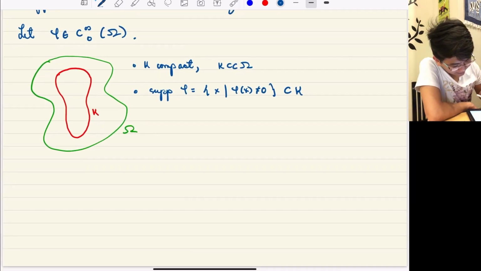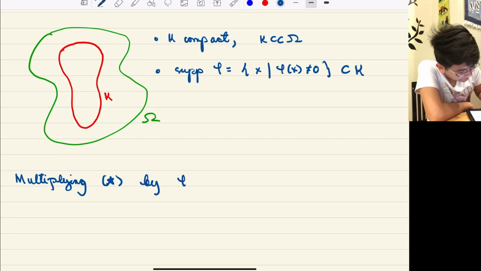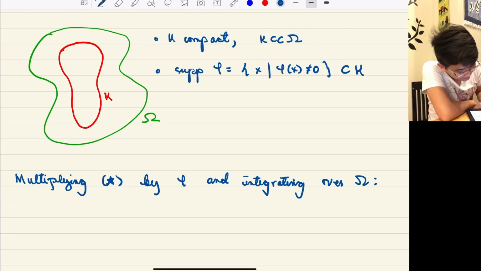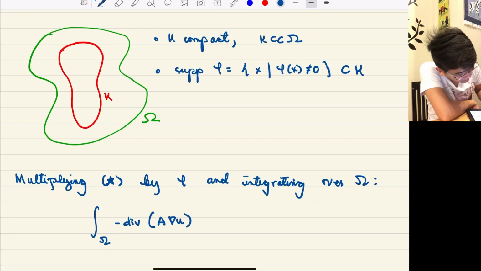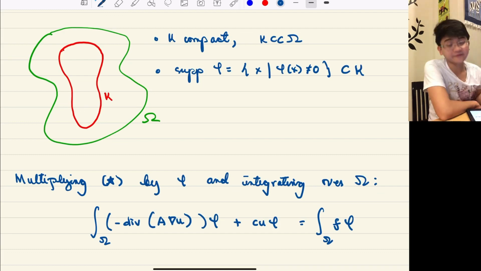So multiplying star by phi, and then integrating over omega, you'll get something like the integral over omega of negative divergence of a grad u, multiplied by phi, plus cu times phi, is equal to the integral over omega of f phi.